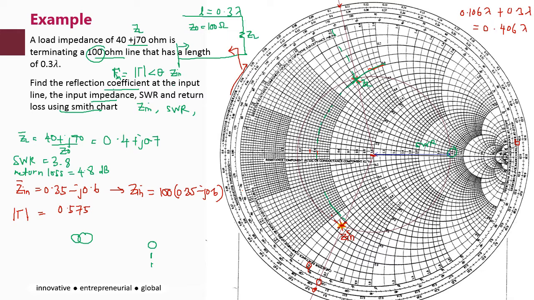So negative, 113 maybe. So this is the reflection coefficient, and the magnitude is 0.575.